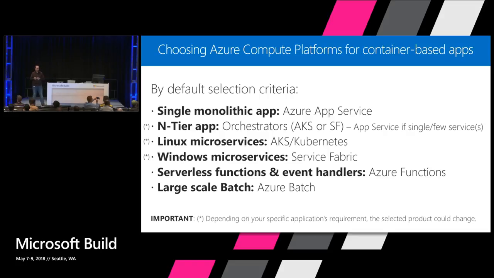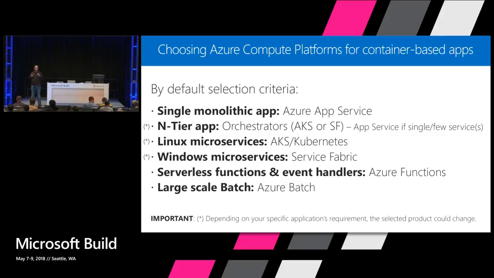There are many other things, right? So now I'm going to try to provide some default guidance on this. And this would be the default selection criteria. Take this slide and the next one with a pinch of salt, because it really depends on your application. But by default, there are certain criteria like this that you can think about.